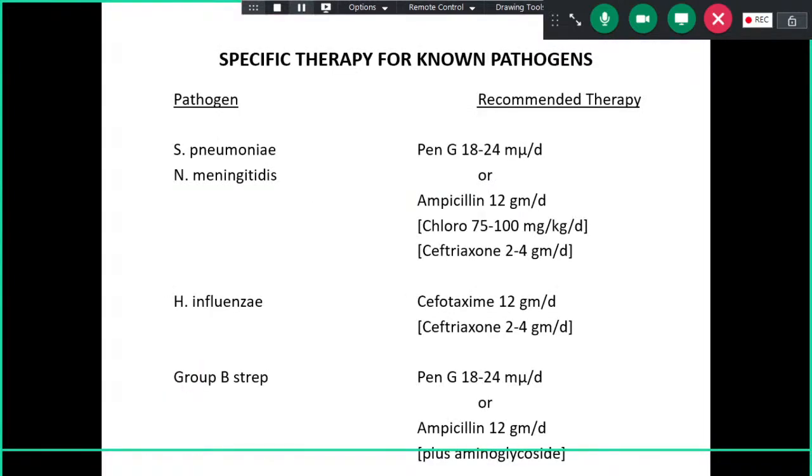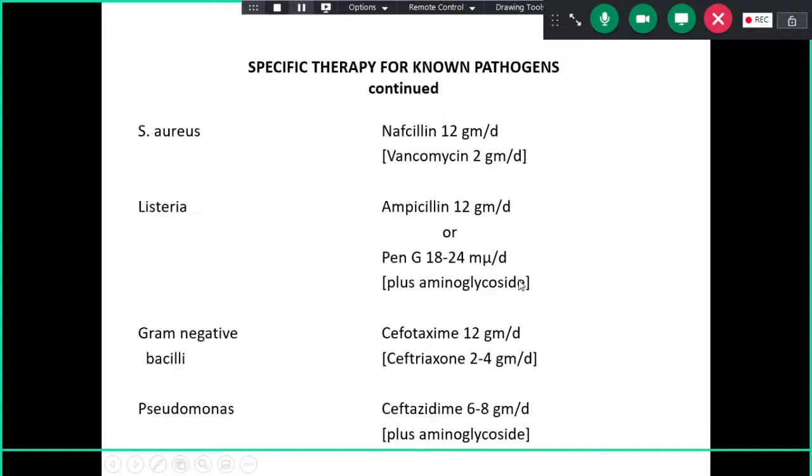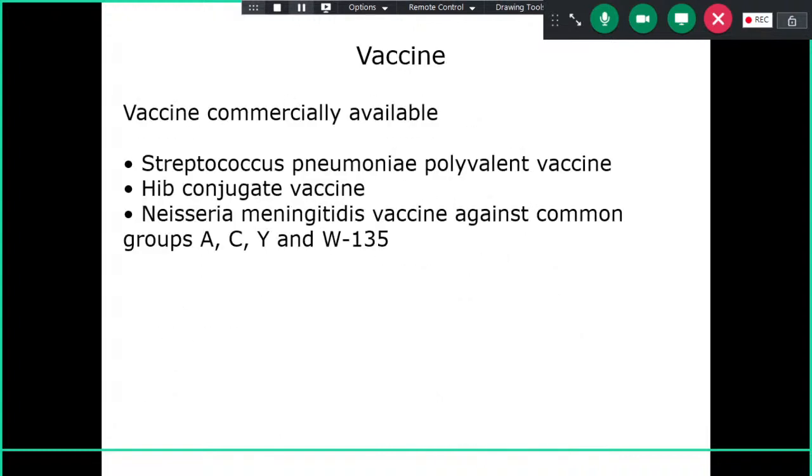Treatment depends on the organism. Streptococcus pneumoniae and Neisseria meningitidis have excellent antibiotics. Fortunately for us, none of the Neisseria meningitidis or very few Streptococcus pneumoniae are resistant to penicillin or ceftriaxone. So most antibiotics will work excellently on these. As I've already told you, we have an excellent vaccine for Streptococcus, both conjugate as well as the capsular polysaccharide vaccine.